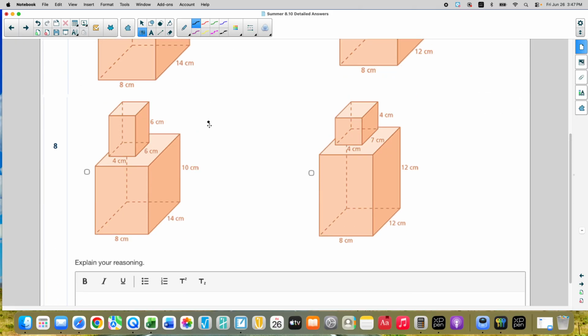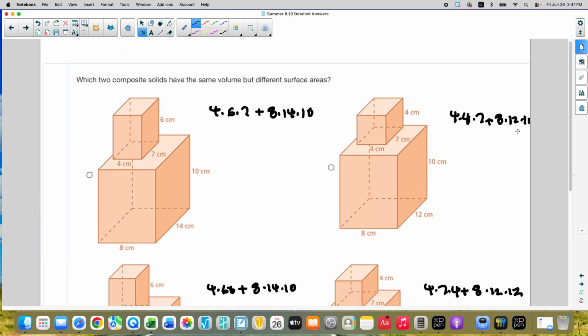And this is going to be 4 times 6 times 6 plus 8 times 14 times 10. This is going to be 4 times 7 times 4 plus 8 times 12 times 12. All right, let's do some maths. Let's get the calculator out on my phone.